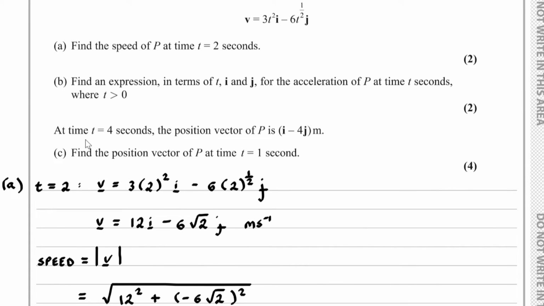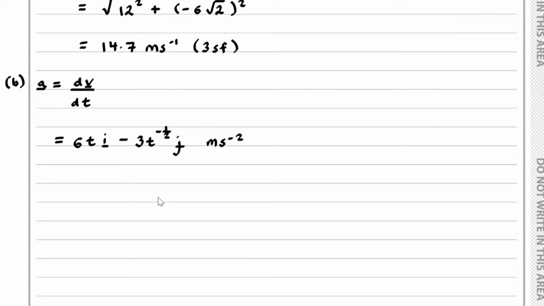And now for part C, at time t equals 4 seconds, the position vector of P is i minus 4j meters. We have to find the position vector of P at time t equals 1 second. Well, to find the position vector s, that's equal to the integral of velocity with respect to time.